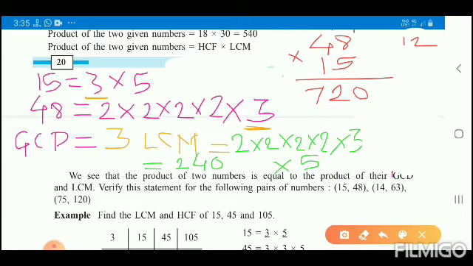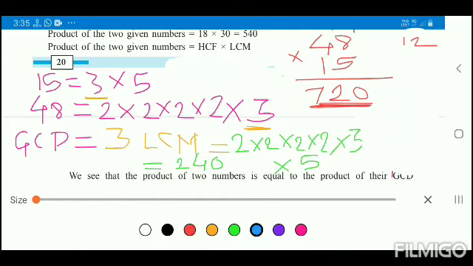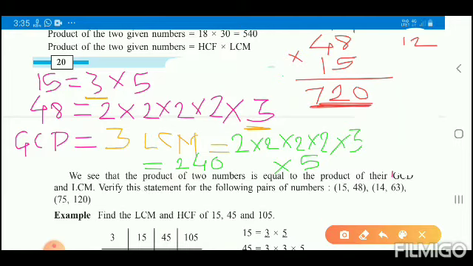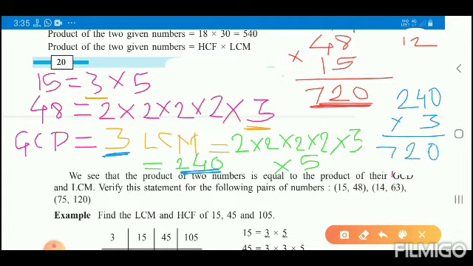Okay. Now, we got the product of the two given numbers, that is 720. Now, we will find the product of HCF and LCM of these numbers. The HCF or the GCD is 3, and LCM is 240. So, I will multiply 240 by 3. Then which answer will you get here? Here the answer is 720.